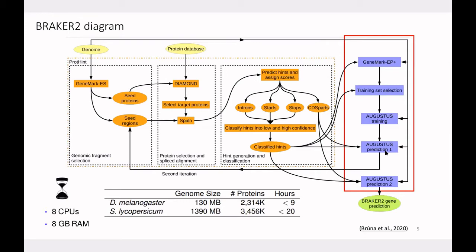And it's done in iterations because if you remember, we used to initialize ProtHint with gene predictions from GeneMark-ES. And I mentioned these predictions can be noisy, but it's fine as an approximation.